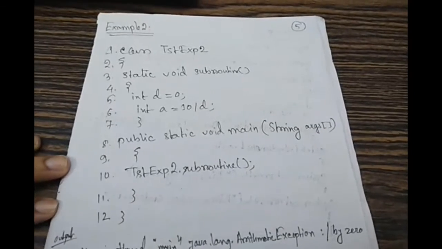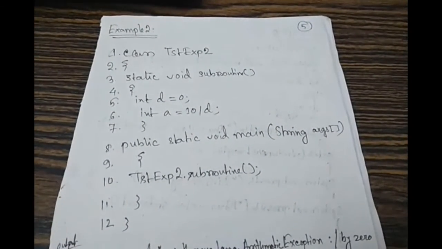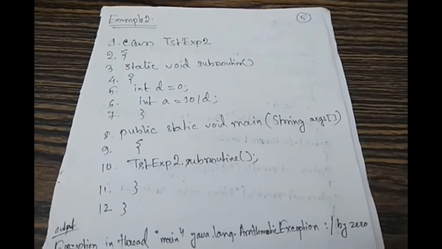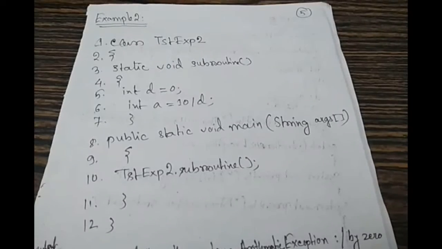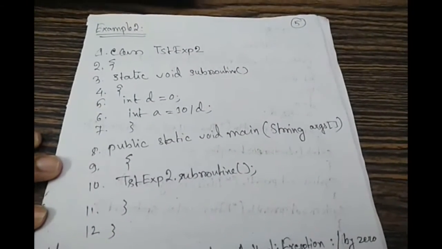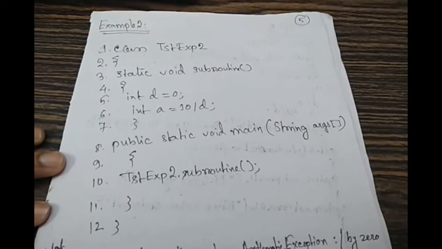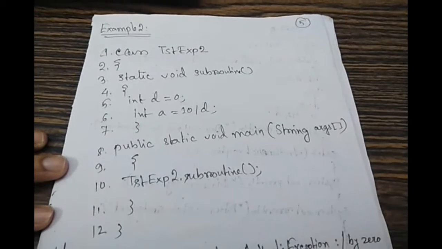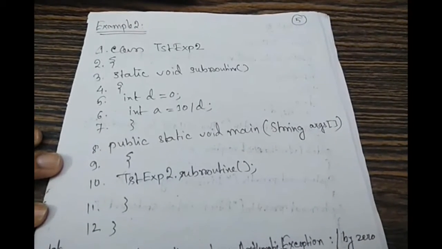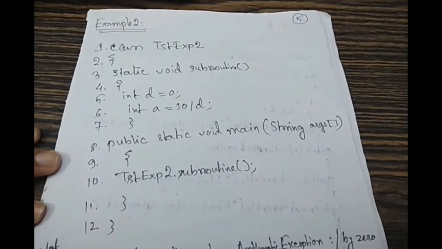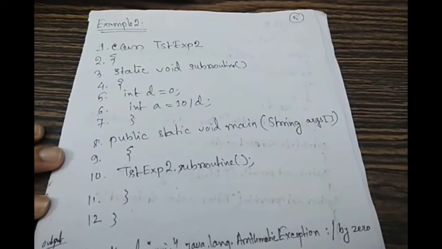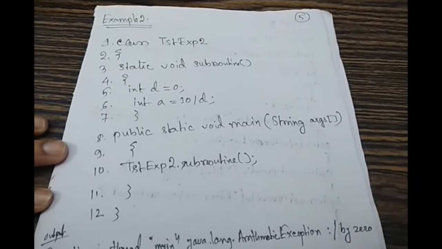Now we come to the second example. In the previous example, we see that the exception is in the main method. Right now we are trying to create a statement that will cause the division by 0 error, that is the arithmetic exception, inside a particular method.